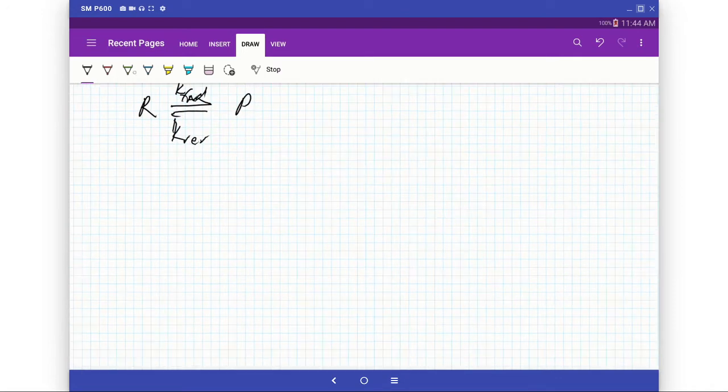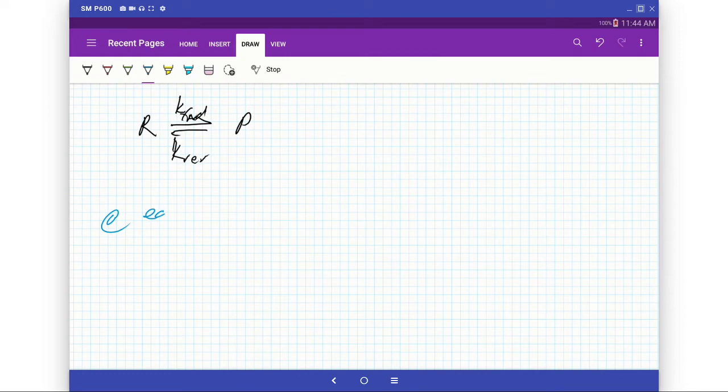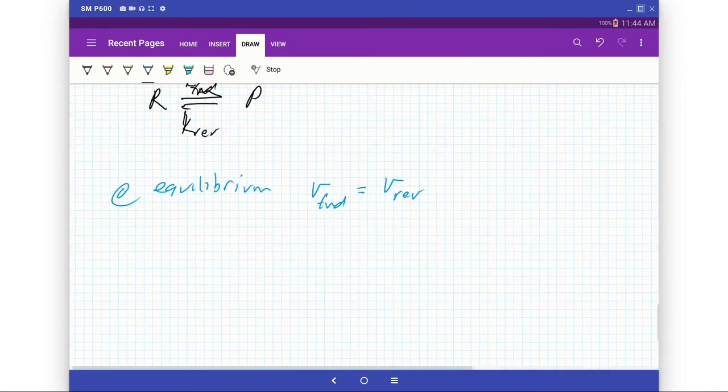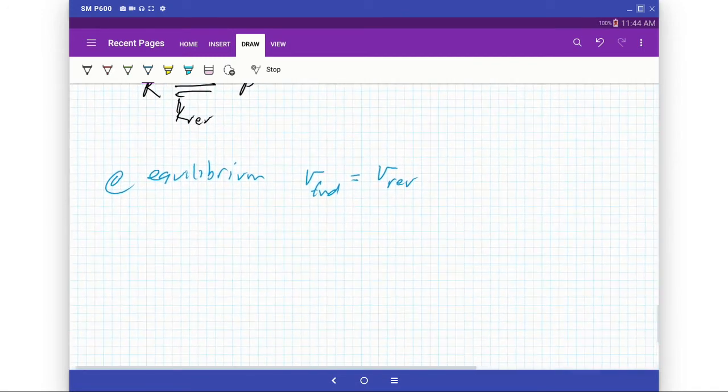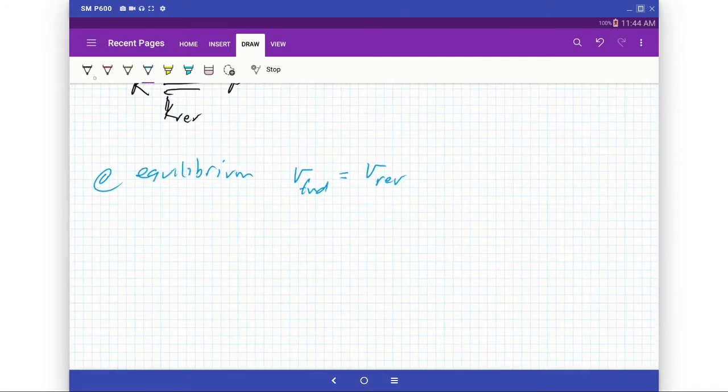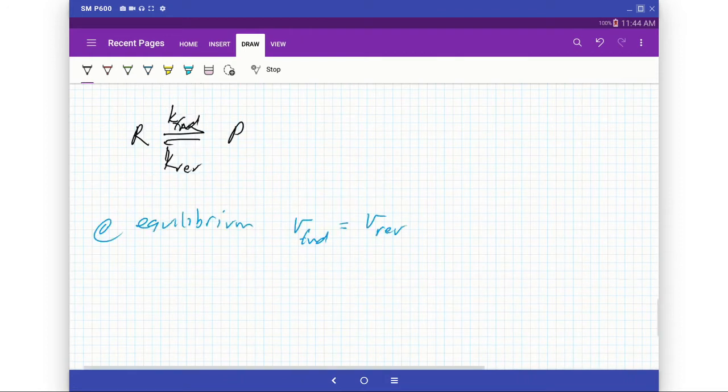And so when we are at equilibrium, the rate of the forward reaction is equal to the rate of the reverse reaction. And remember, rate would be equal to k times the concentration.